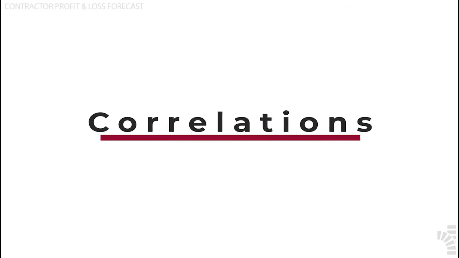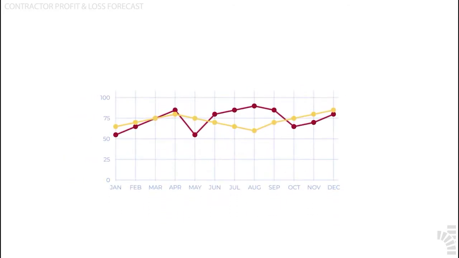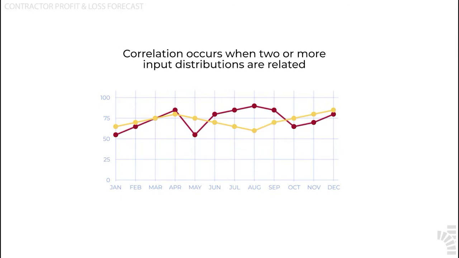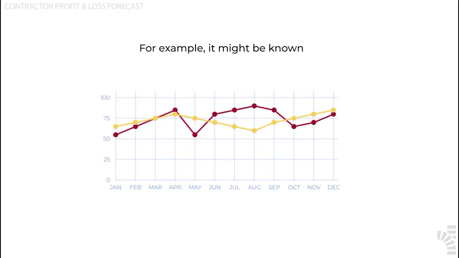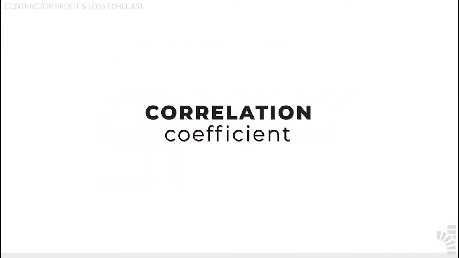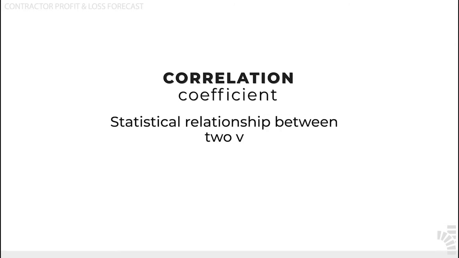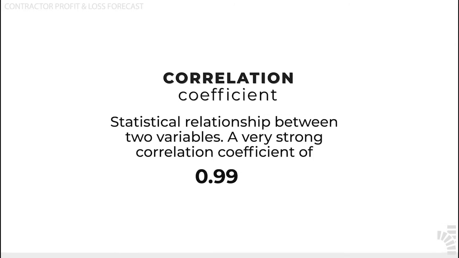correlations. In many situations, it is important to account for correlation between input variables. Correlation occurs when 2 or more input distributions are related. For example, it might be known that when one input is relatively high, a second input also tends to be relatively high. A correlation coefficient is a numerical measure of some type of correlation, meaning a statistical relationship between two variables.